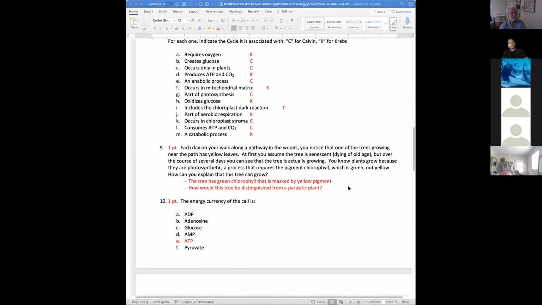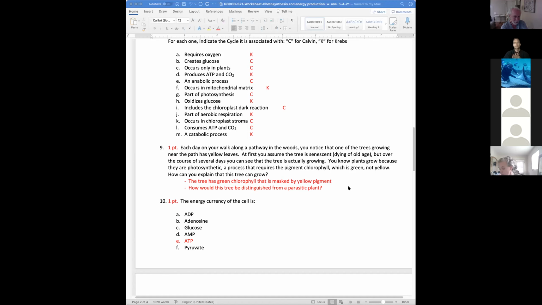All right, then I gave you a little story about seeing a tree that was yellow and you thought it was dying, but then you saw it was growing and so you knew it wasn't dying. And how can you explain this? Many of you said something about it producing chlorophyll, that's why it's growing, but it also produced a yellow pigment that masked the chlorophyll, and that's why it looks yellow.